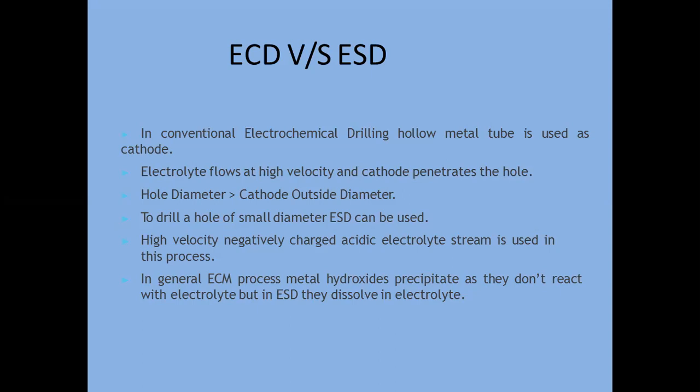Because when the hole is very small, if we provide that chemical, we will have the disadvantage of precipitates in electrochemical machining. To avoid that, we use ESD, electrostream drilling.